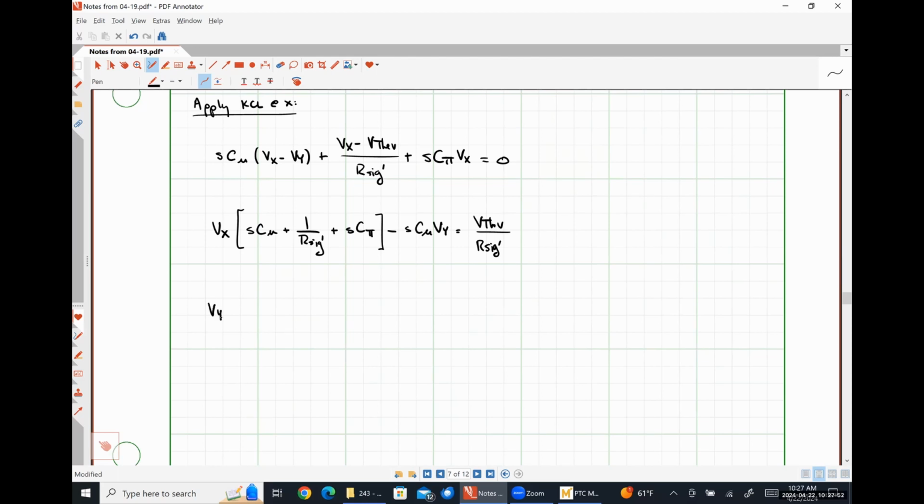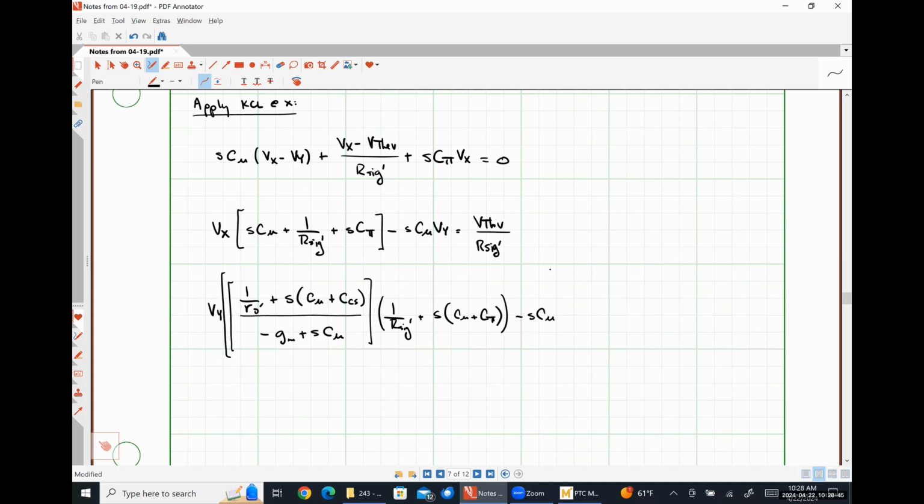I'm going to have Vy times 1 over R naught prime plus S times C mu plus CCS, divided by negative GM plus S C mu, times 1 over R sig prime plus S C mu plus C pi, minus S C mu, is equal to Vthev over R sig prime.